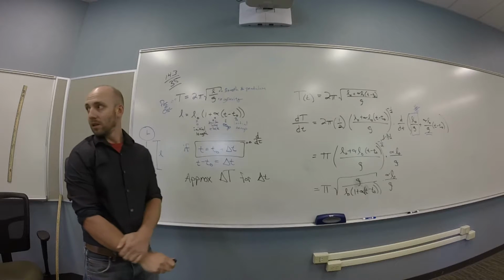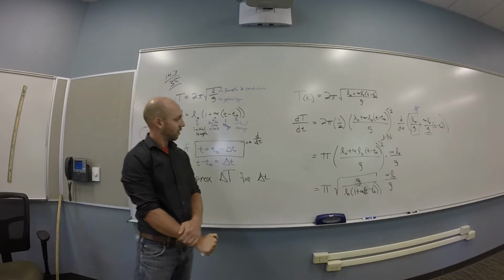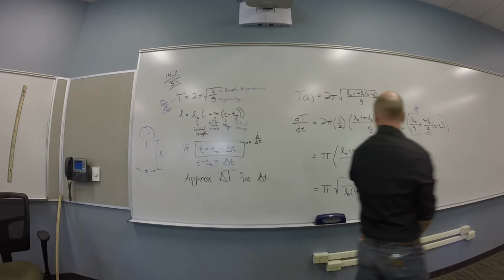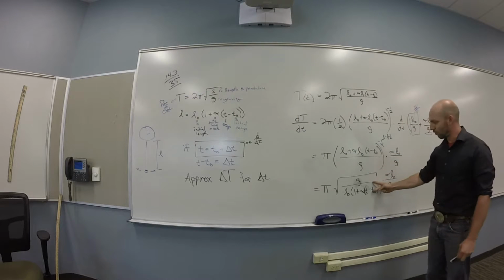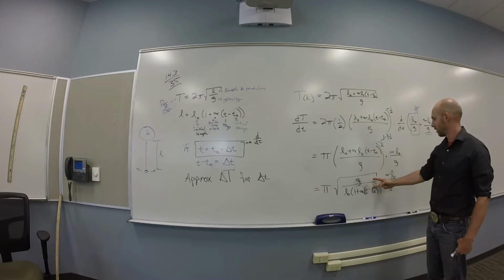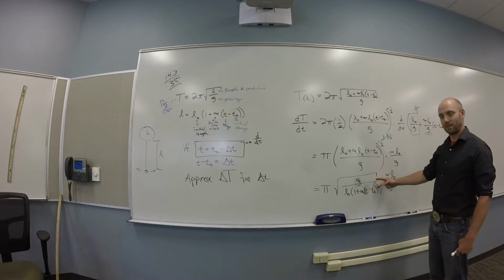That whole quantity is to the -1/2, so it should be 1 over that whole quantity in the square root. You can't flip just part of it, because the whole thing is to the -1/2 power. So it should be 1 over that whole thing in the square root, and then reciprocate and multiply.